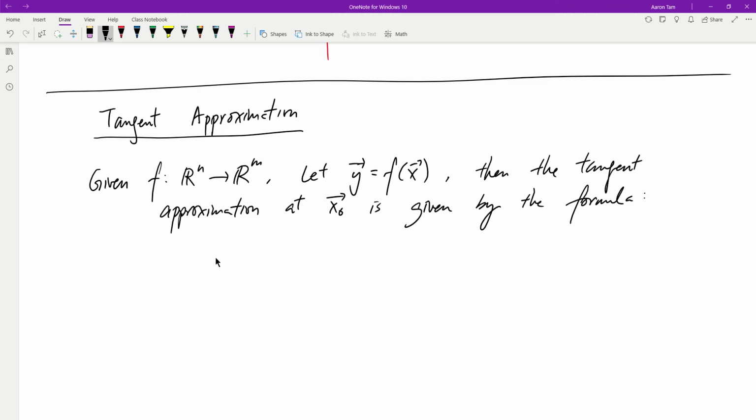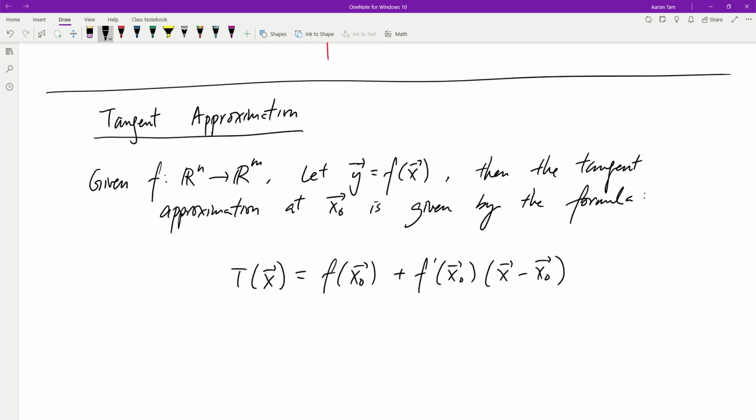We're going to call this tangent approximation T, just like what we used to do. T of vector x is equal to f of vector x sub 0 plus f prime of vector x sub 0 multiplied by x minus x sub 0.